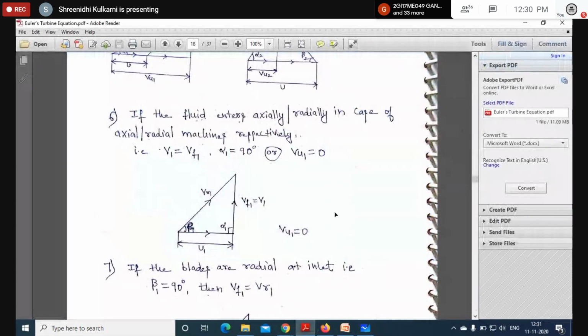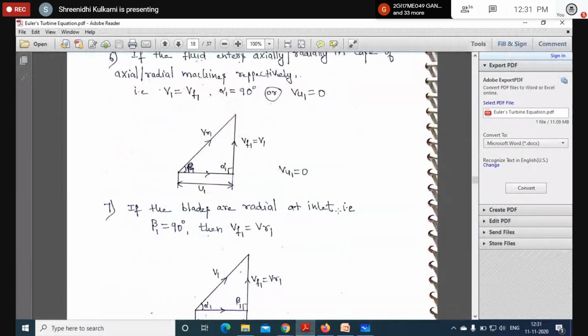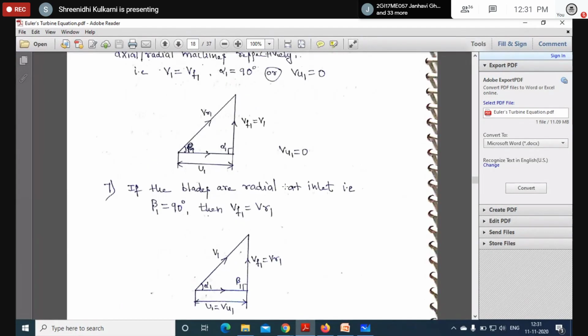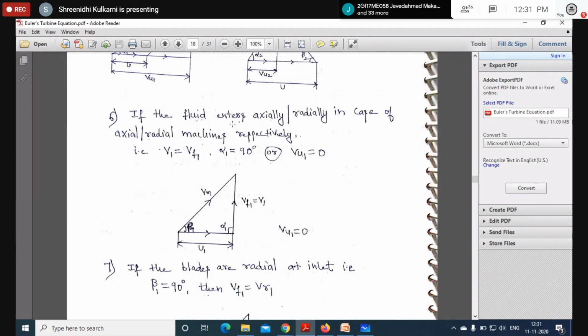Okay, next we'll come to another possible velocity triangle, if the blades are radial. In the sixth condition, the fluid enters with absolute velocity V1 and nozzle angle alpha 1.